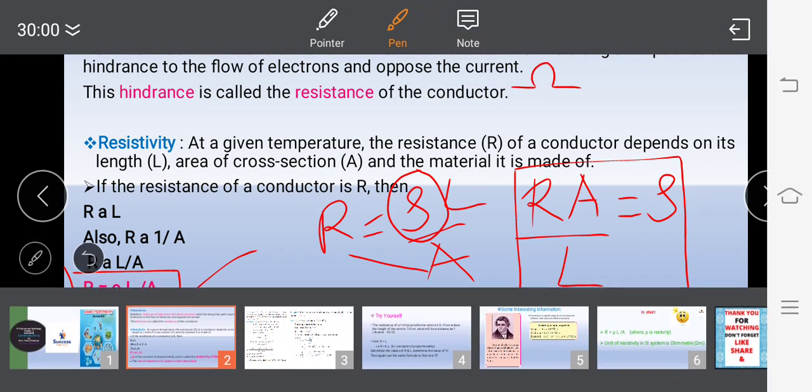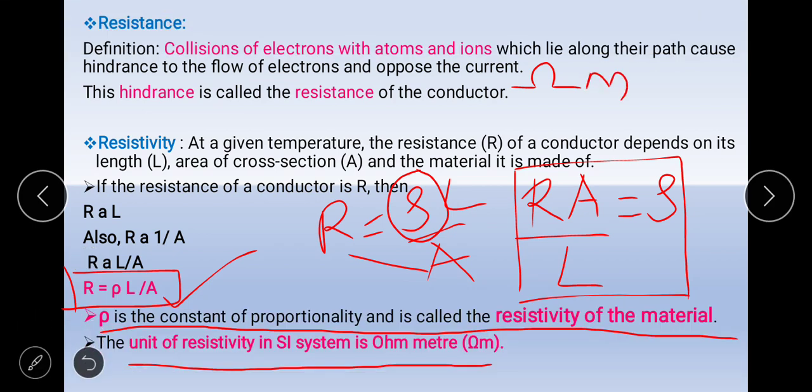I know the unit for area, which is meter square. Instead of meter square, I can write meter into meter, divided by the unit of length in SI, which is meter, correct? So I am going to derive the unit for rho.